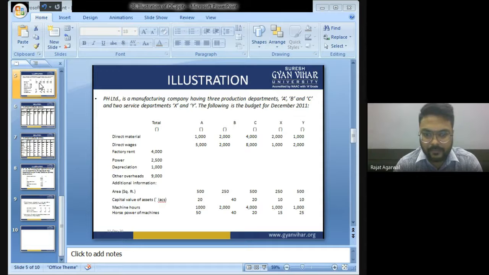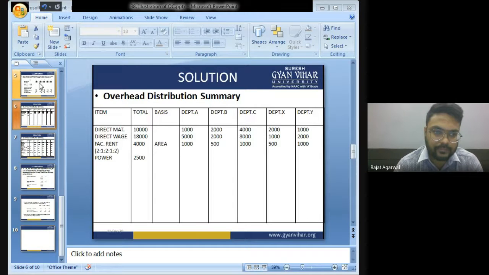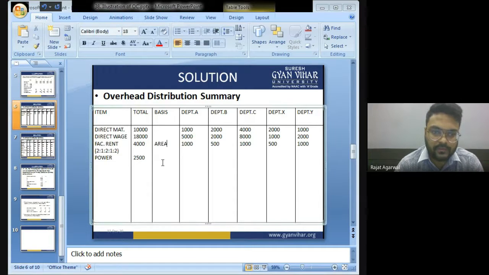That is 50 is to 40 is to 20 is to 15 is to 25. Okay, so horsepower.